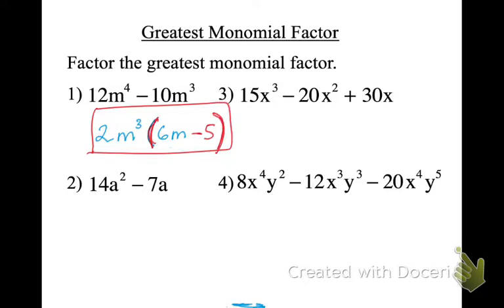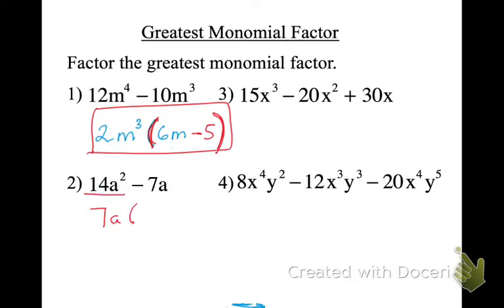Okay, number 2. Numerically, 2 is the biggest number, and the greatest amount of a's I can take out is 1. So when I divide this by 2, I'm left with a 7. When I divide an a out, I'm left with a. When I divide this, oh, wait, I did that wrong. The greatest monomial factor is actually a 7, and I have an a.